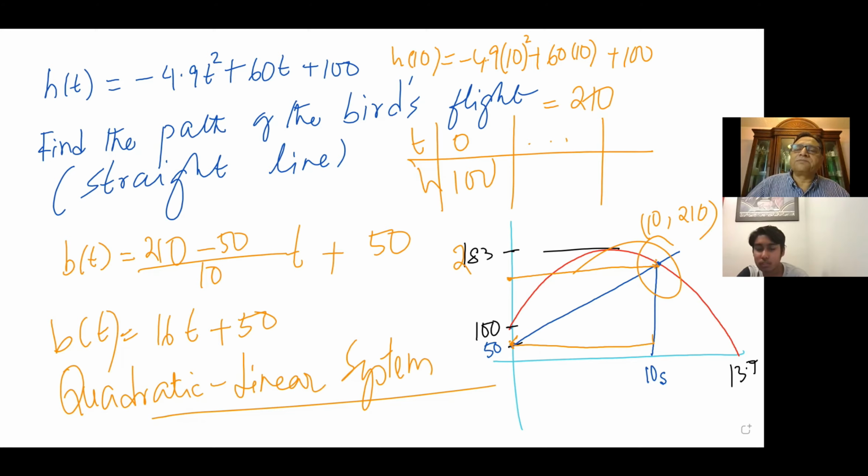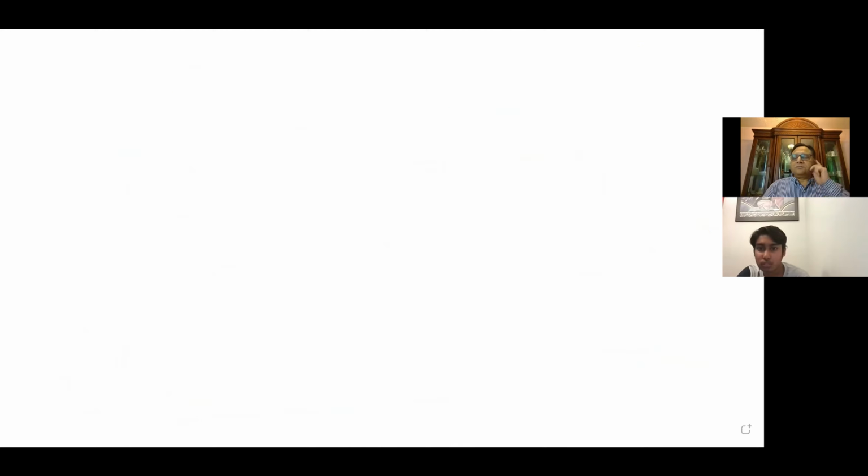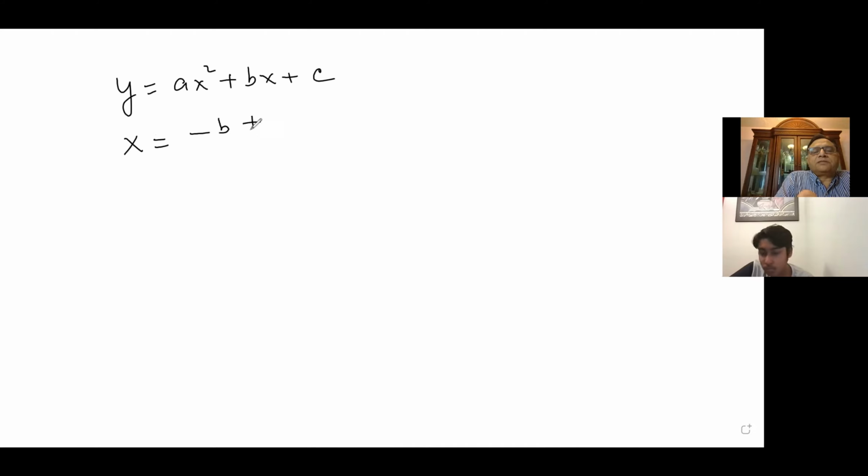Let me summarize using the quadratic formula. What did we learn? We learned that any quadratic equation of the form y equals ax squared plus bx plus c can be solved, and the solution will be x equals minus b plus or minus the square root of b squared minus 4ac, over 2a, right?